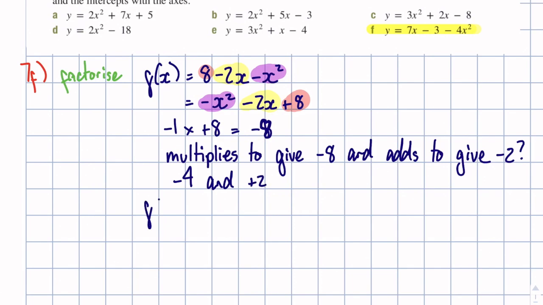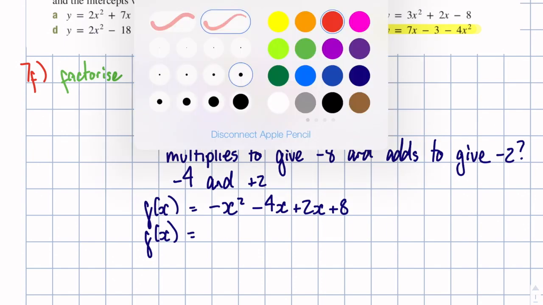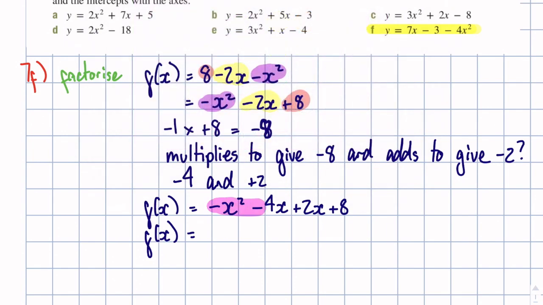So we rewrite our f of x. We've got our negative x squared out the front. Take 4x plus 2x plus 8. Because we're doing this by grouping. So I'm going to start off by grouping the first two, and then I'm going to have a go at the second two. Negative x goes into both of those, so negative x squared divided by negative x is x left over.